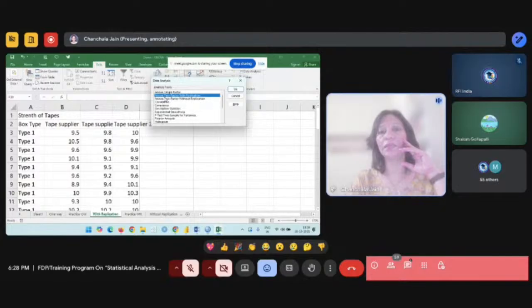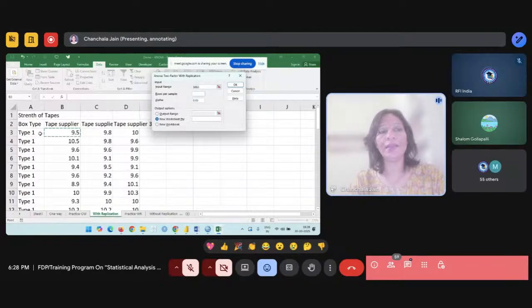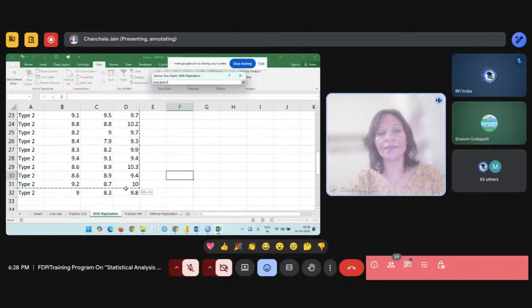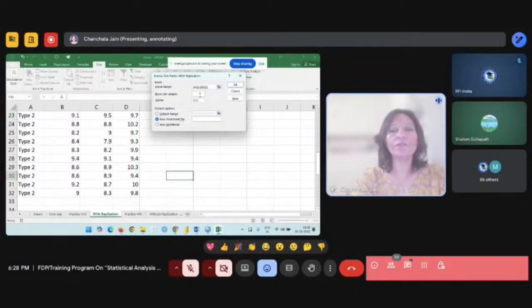We will go to the analysis tool pack now. Again, I'll select the ANOVA 2 factor with replication and click on OK. So now, firstly, I'm providing the range. I selected the range. Done. Rows per sample. How many rows I was having? 15.